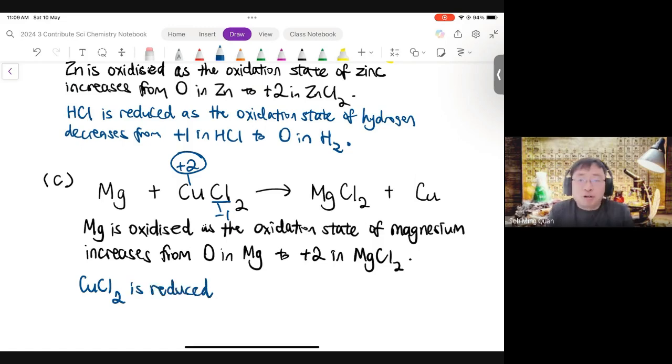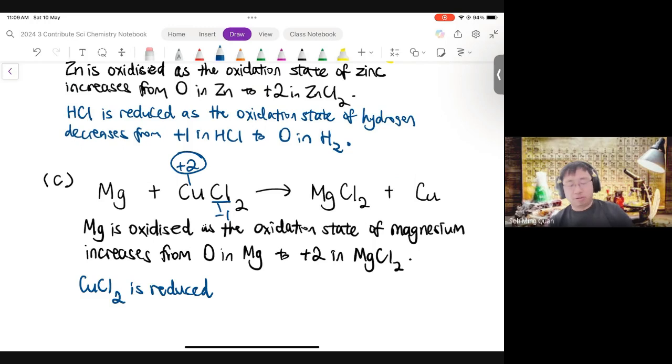Now, you could also conclude this because you know that this is redox. In every reaction, there must be one reactant which is oxidized. If Mg is oxidized, automatically the other reactant, which in this case is copper 2 chloride, CuCl2, will be reduced. That's why it's redox together, right?